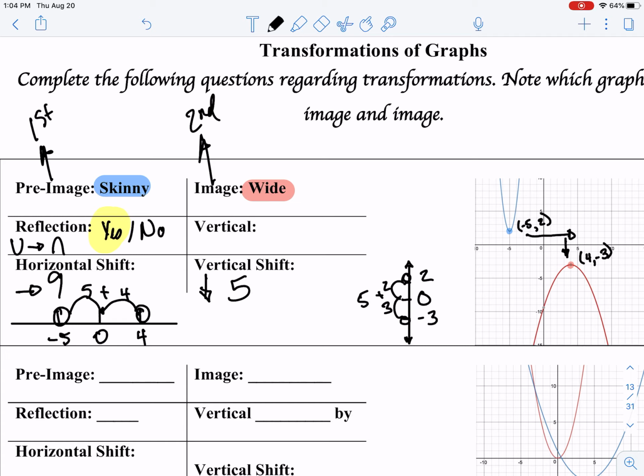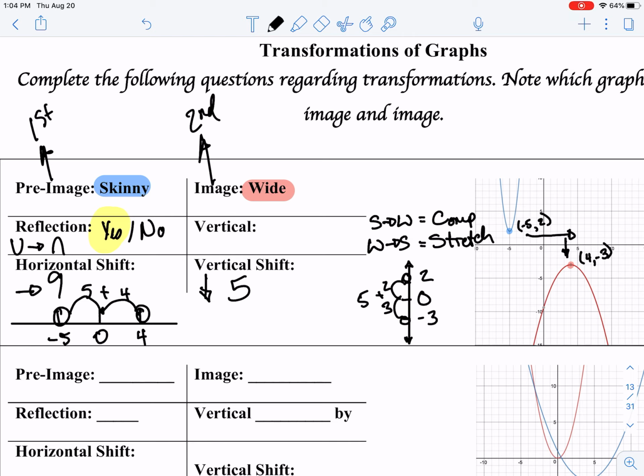Now, vertical stretches, compressions, or stretches or shrinks. Skinny to wide is a compression. Wide to skinny is a stretch.